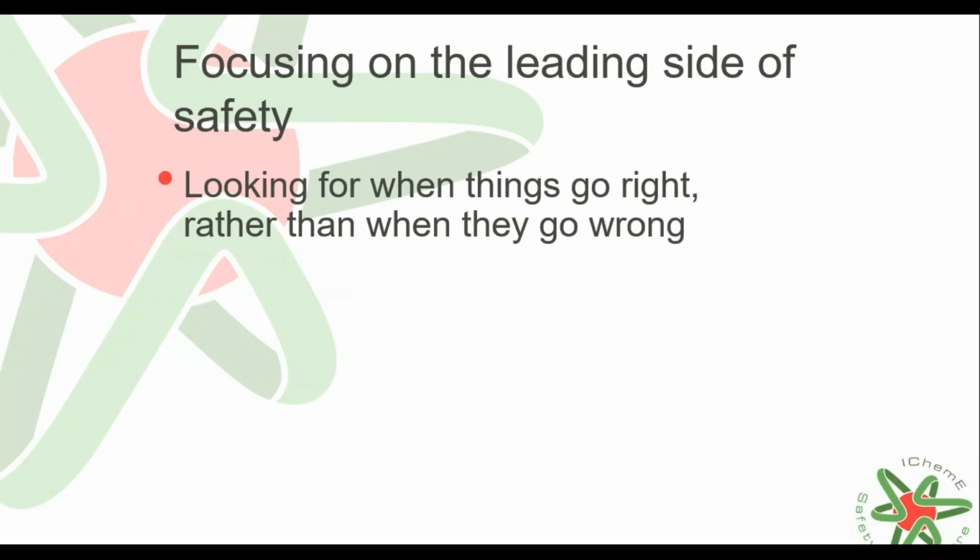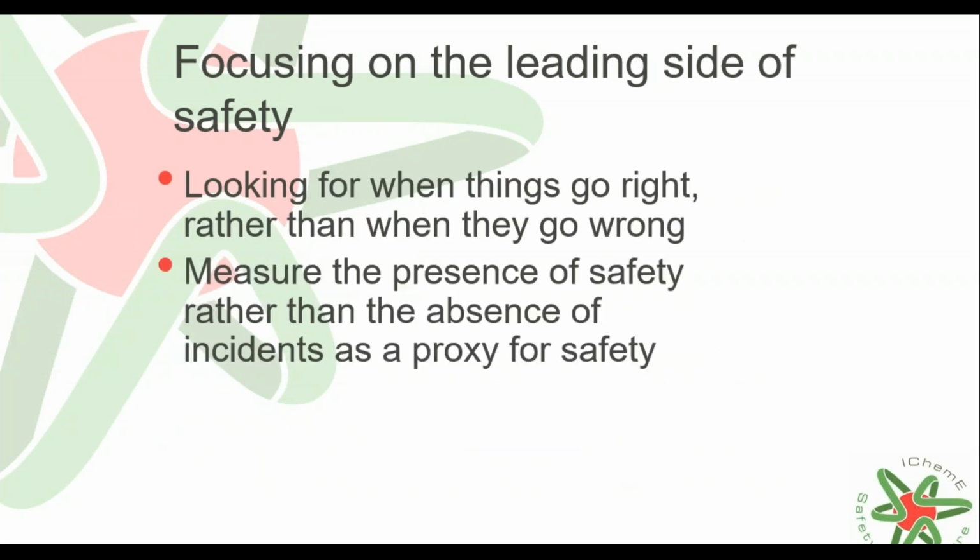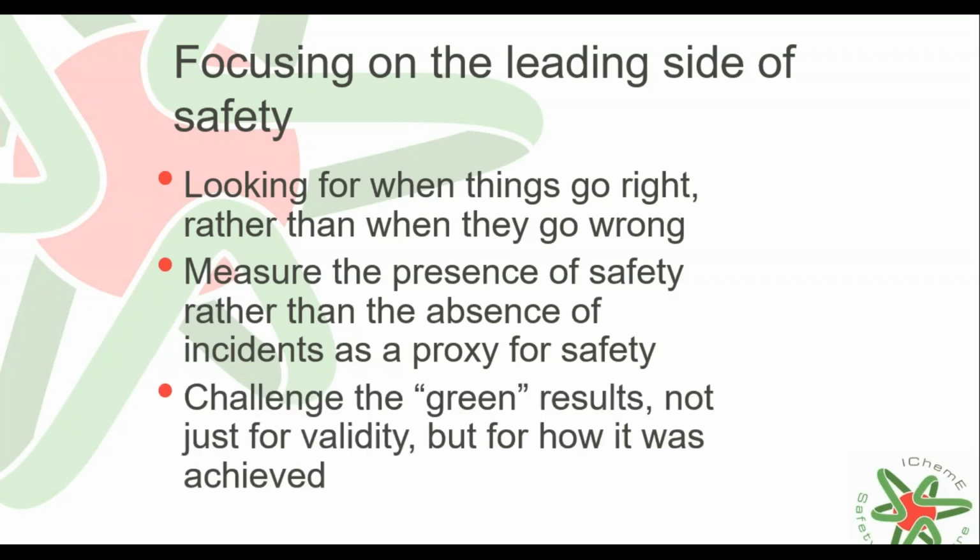So let's focus on the leading part, because this is what the guidance document is about. We try to focus on measuring performance instead of focusing on the absence of incidents or near misses as a proxy for safety.